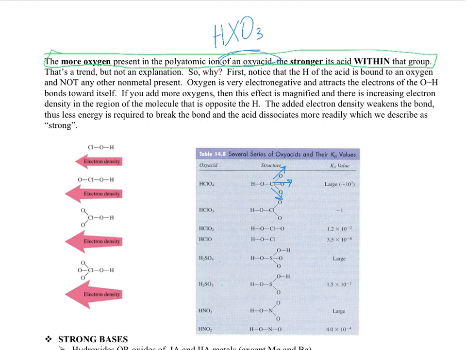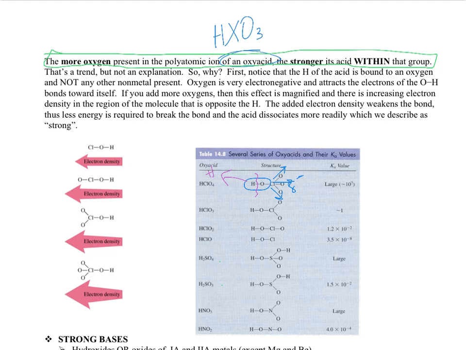Remember, oxygens are electronegative. That means they're going to pull the electrons in the bond towards them. So your electron density is going to come over here. Your electrons are pulled away from this bond right here, and that makes it really easy for this hydrogen to pop off.